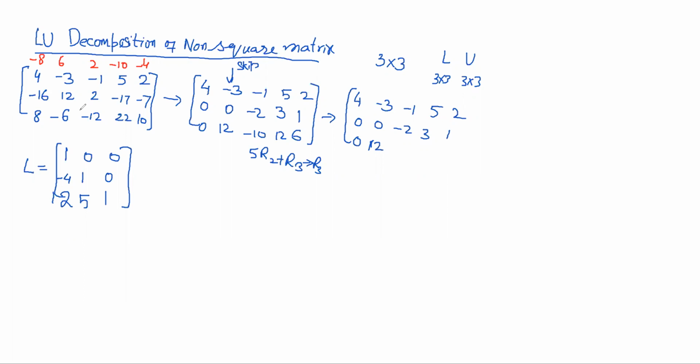Can we switch the rows, like row number 2 and 3? For finding the LU decomposition, there is a restriction that we cannot switch the rows. Switching of the rows is not allowed in the LU decomposition, so we cannot switch the rows. It doesn't matter if it has to be plus 1 or minus 6, but I don't want to make more mistakes.